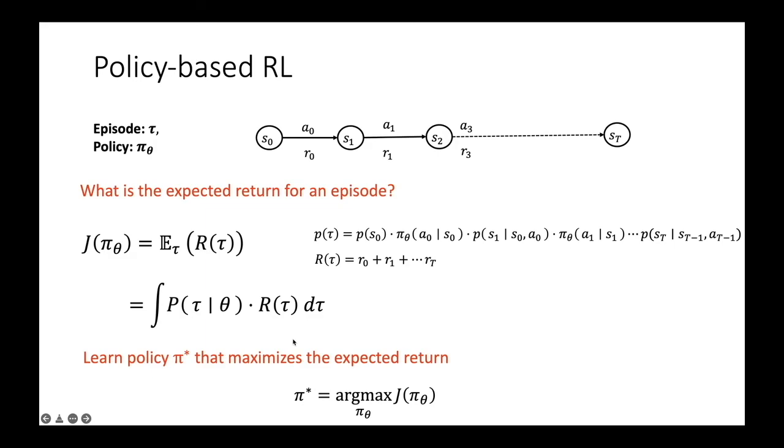So the goal is to find a policy which maximizes this expectation term. Now, as you can imagine, this expectation will be very hard to compute because there are terms involving actions of the environment, which we know nothing about. We don't have a model for the environment, which makes it very difficult to compute the expectation term.